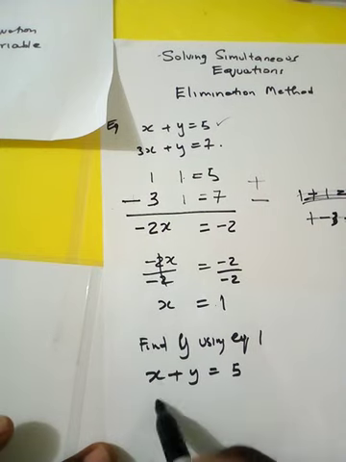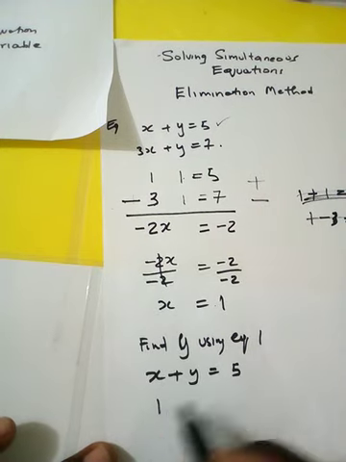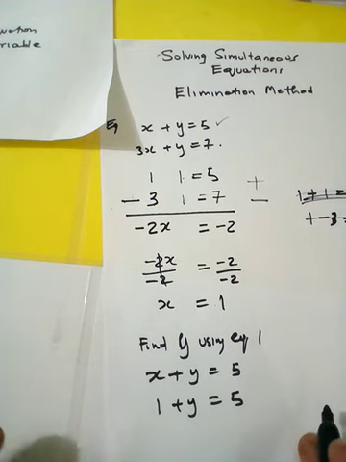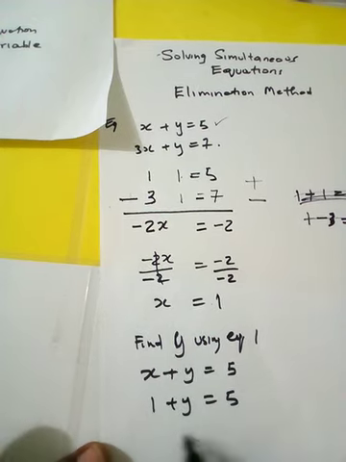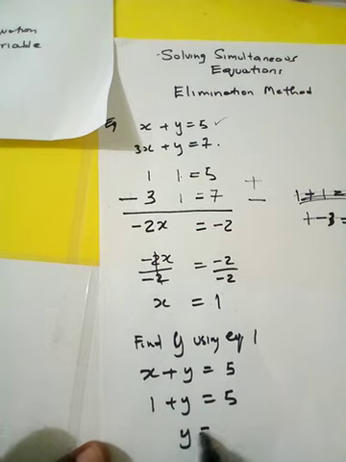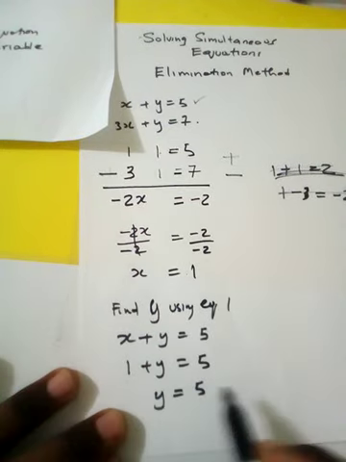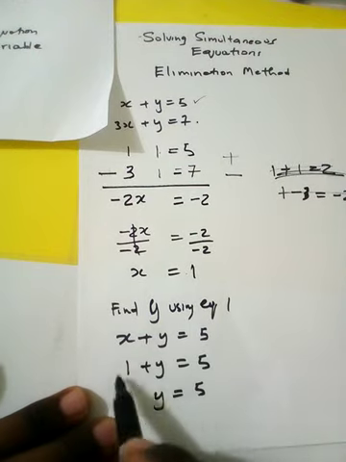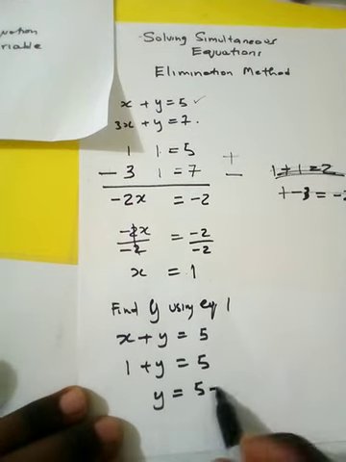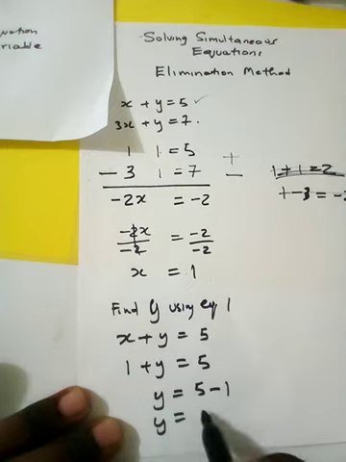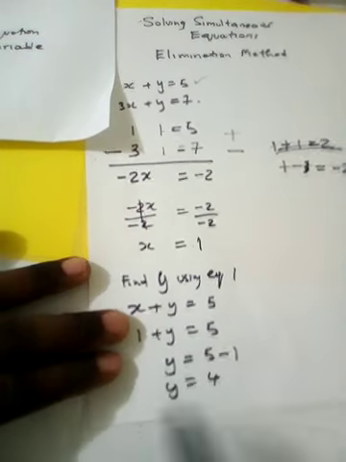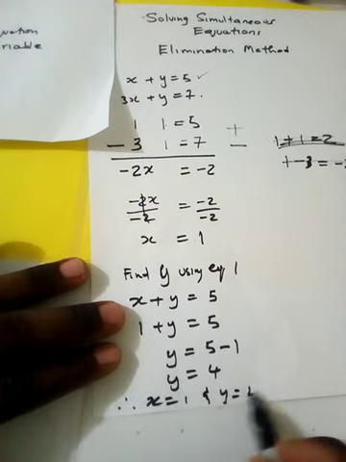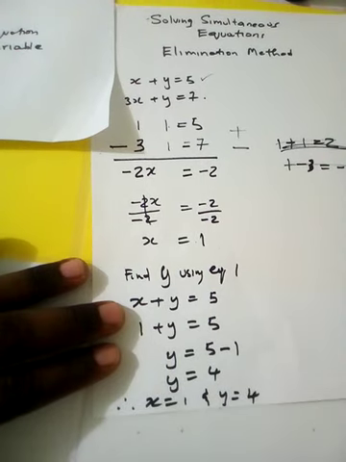So what is x? x is 1. We substitute x with the value of 1: 1 plus y equals 5. Solving for y now. We want to isolate y, so we're going to subtract 1 from both sides. We transpose 1 to the other side, minus 1. So y equals 4. Therefore, x equals 1 and y equals 4.